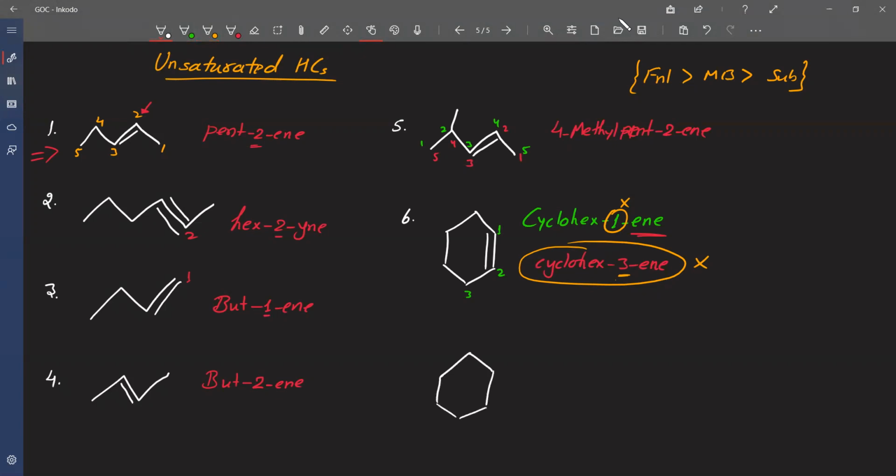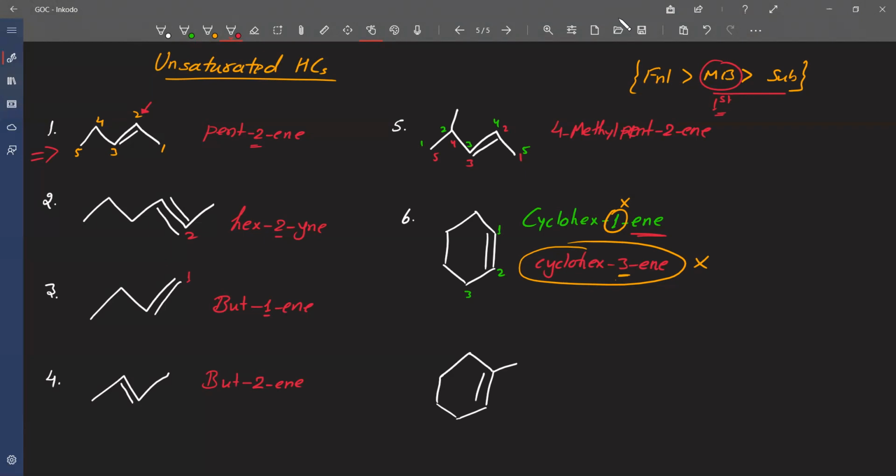If there is a multiple bond only, and even if there is a multiple bond plus some other substituents as well, we know that between the multiple bond and substituents, the multiple bond will have the highest priority. So that will always get the first position. If the multiple bond is anyway getting the first position in the cyclic compound, then there is no need to write cyclohex-1-ene or cyclopent-1-ene.